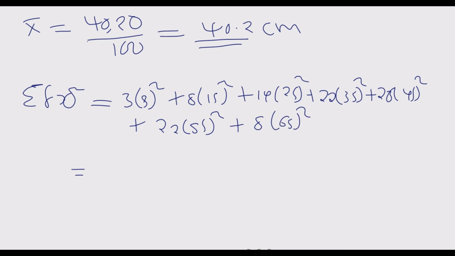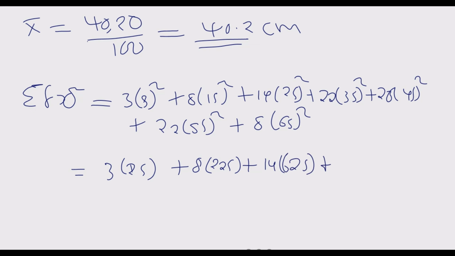What you notice here in this case is we get 3 multiplied by 25, then plus 8 multiplied by 225, then plus 14 multiplied by 625, which are now the products of the squares.